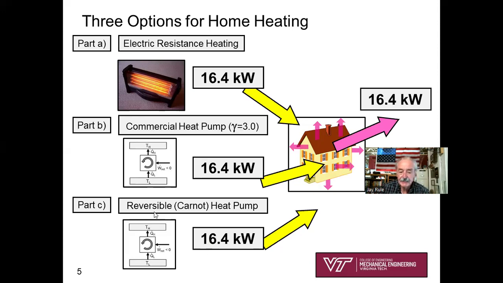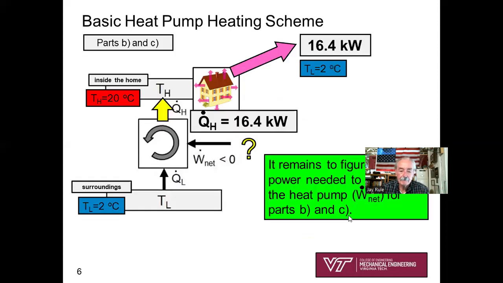And part C, a reversible, also known as a Carnot cycle, heat pump. All of those parts have 16.4 kilowatts in common. We've got to be supplying 16.4 kilowatts into the house to balance the 16.4 kilowatts leaving the house. Hope that makes sense to you. That's a fundamental.